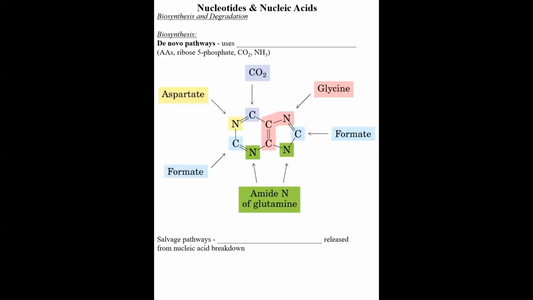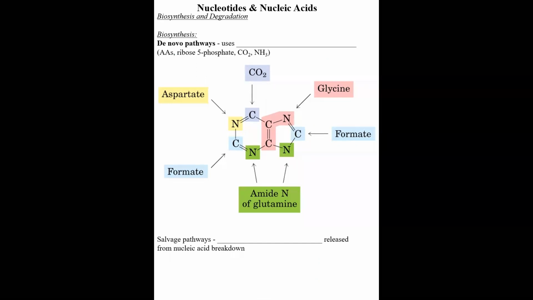Now coming to the more specific part of today's lecture, the biosynthesis of nucleotides and nucleic acids. First we are going to learn about the de novo pathway. What is the de novo pathway? Biosynthesis of nucleotides generally occurs in two types: the de novo biosynthetic pathway and the salvage pathway.